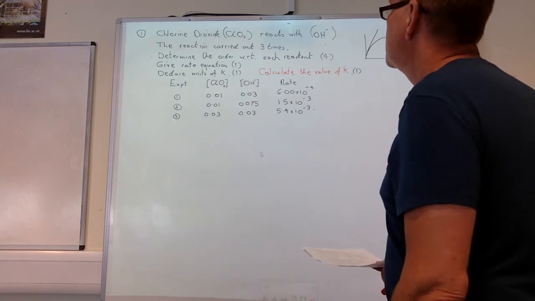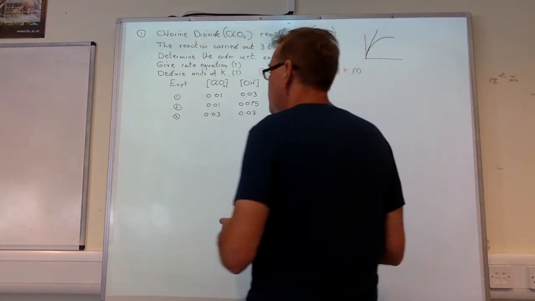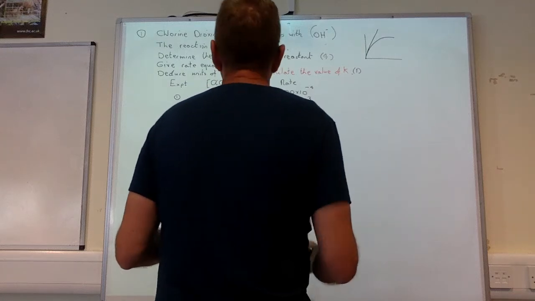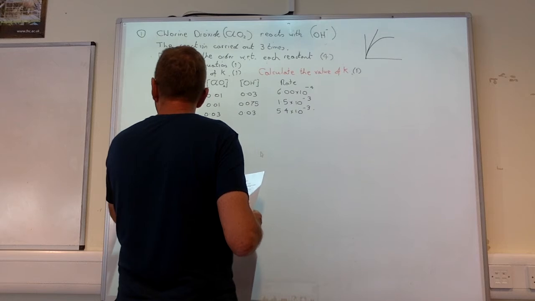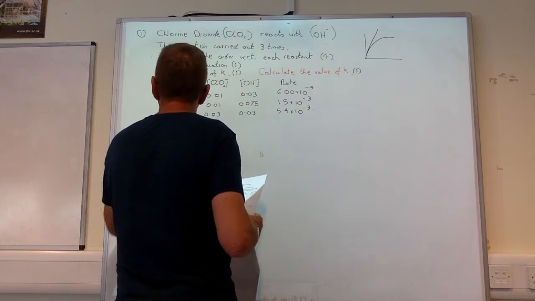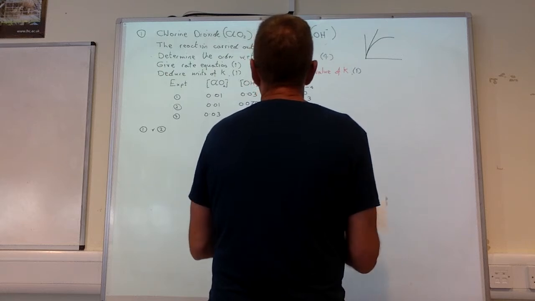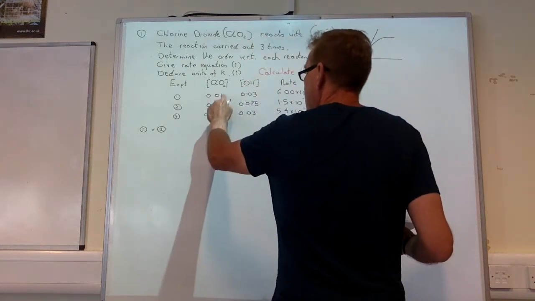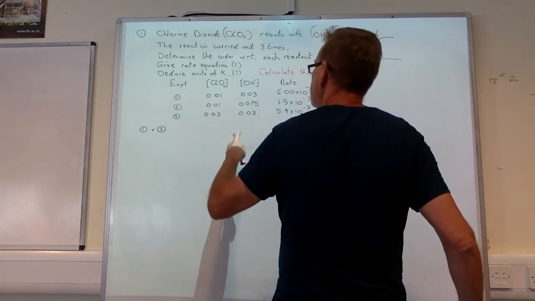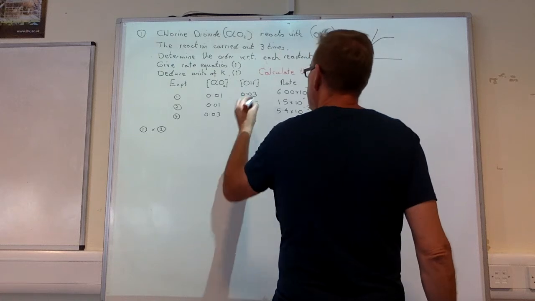Question number 1, determine the order with respect to each reactant. This is how I would answer this in the exam. You tell the examiner what you're looking at. You're comparing experiment 1 and experiment 2, so there's no doubt. Look at experiment 1. What's going on? Well, the ClO2 concentration is kept the same. You do get ones where you change two at the same time. We'll have to do that later.